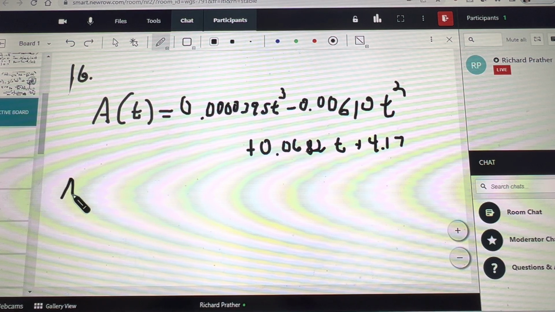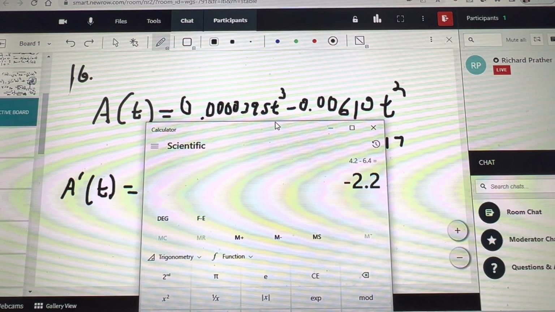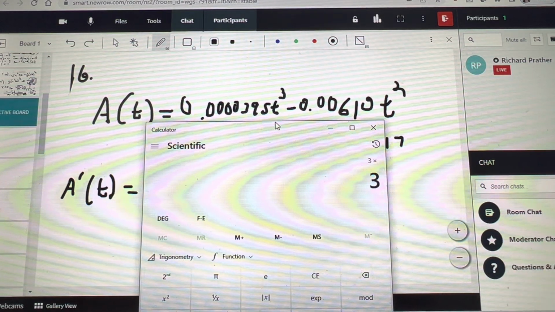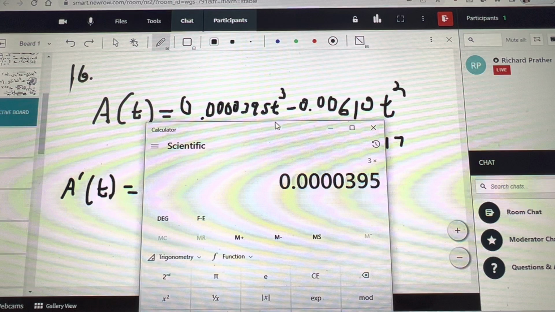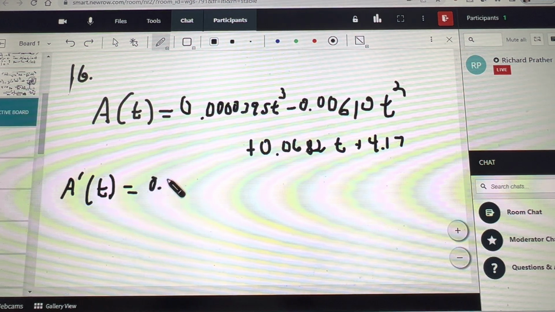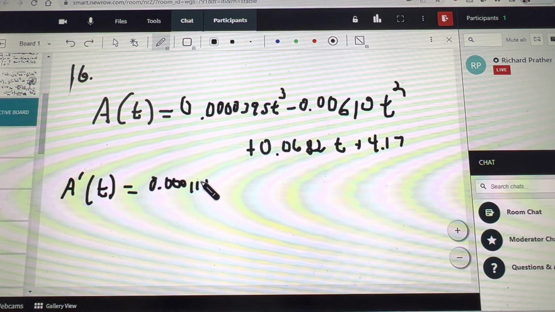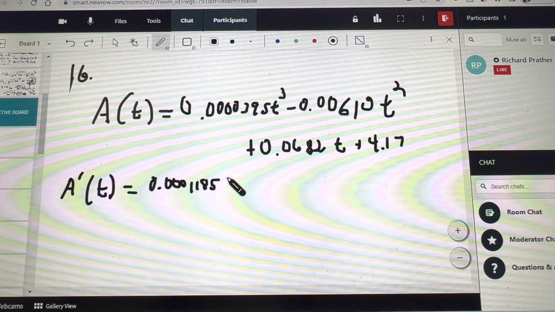So the derivative, it's messy with the decimals, but not hard because it's just a power rule. So I need to do 3 times the front decimal, 0.0000395. So there's 3 zeros, then 1185. And then that'll make the exponent decrease by 1 to a square.